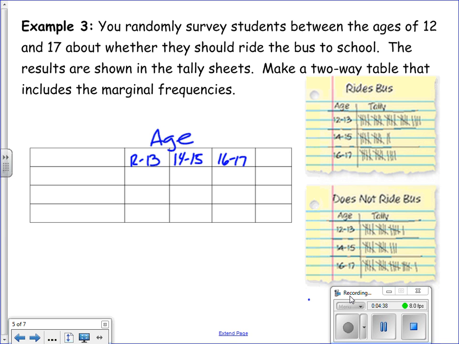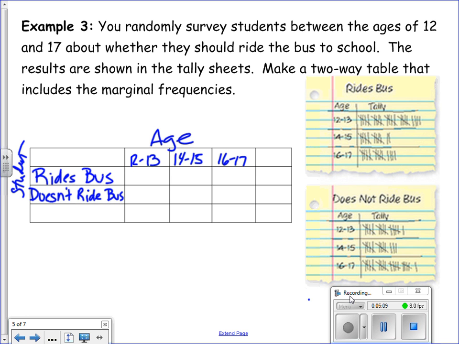Then we have the student here, and whether they ride the bus or do not ride the bus. And that's the start because those are the two different forms of information we have: their ages, rides bus, does not ride bus.